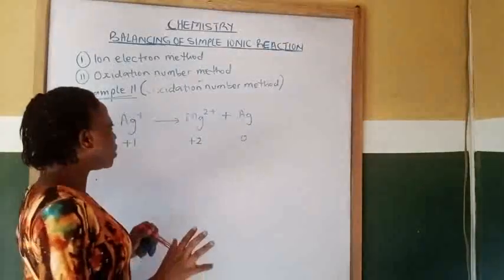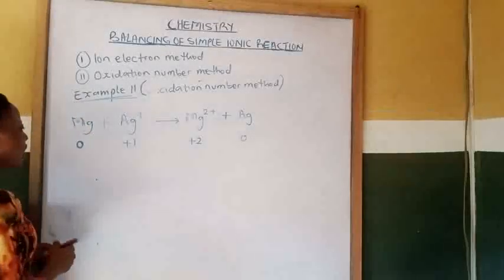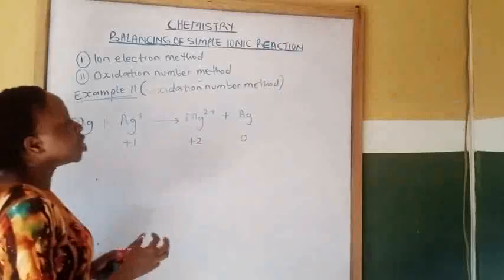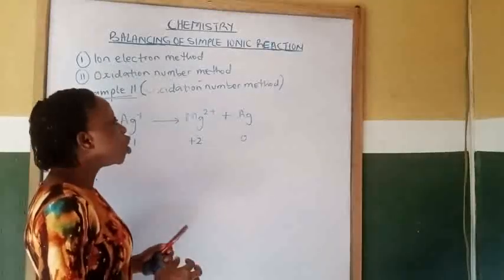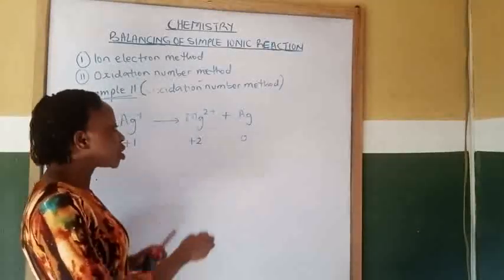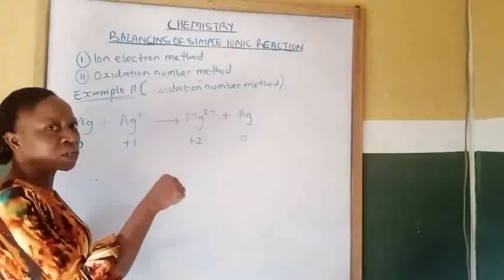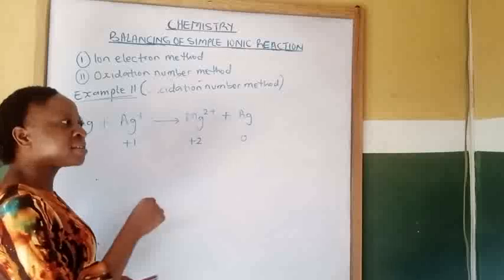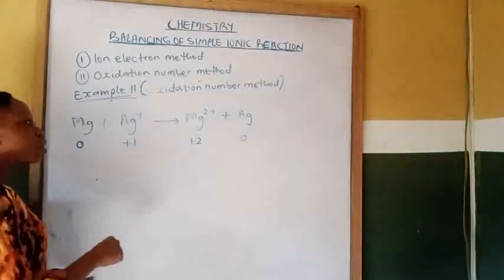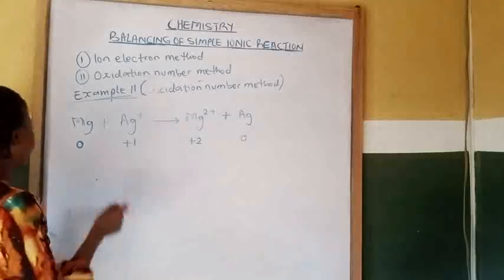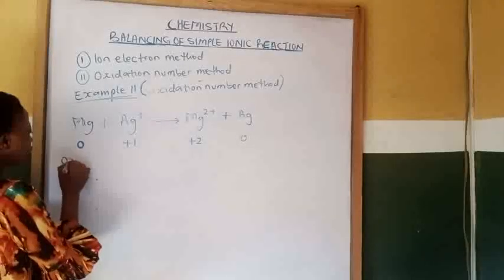So what is the second stage, the next step to take? We subtract the oxidation number of each atom on the reactant side from the product side.